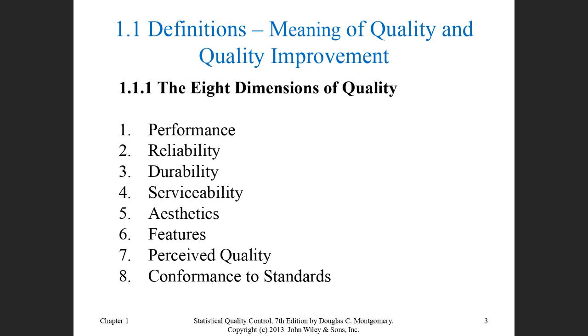In terms of use, it has to be perceived in a good shape. Conformance to standards: one of the students mentioned this, and I really don't recall his name, when he said meeting the specifications. Meeting the specifications is the conformance to standards.